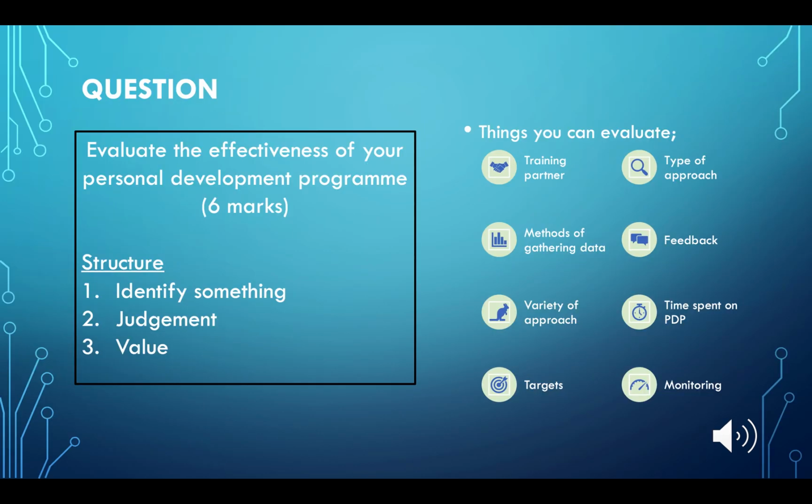Now it's your turn. You're going to have a go at using the 3-step process: identify, give a judgment, and then explain why that was important or why it didn't help you improve. Now, it's a 6-mark question, so you need to do this 6 times. There's lots of things that you can evaluate here.